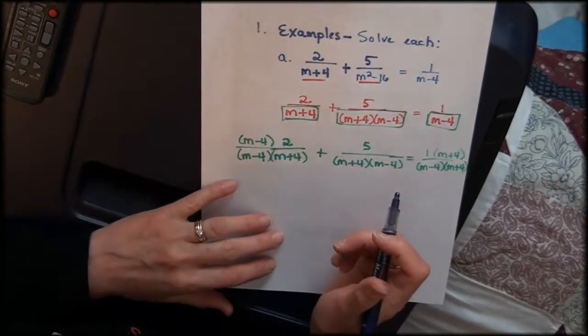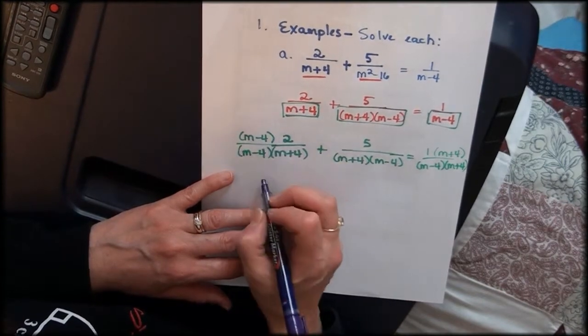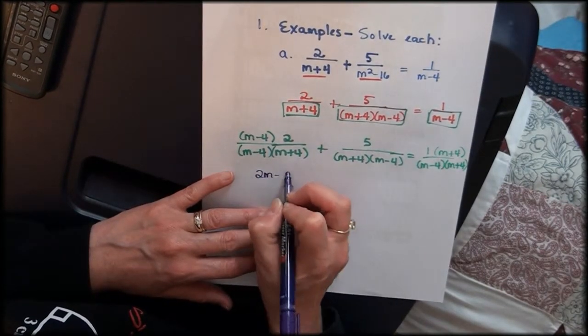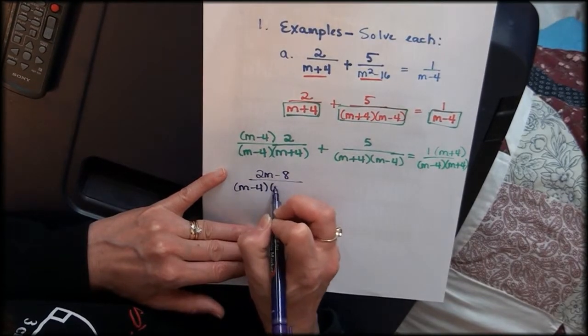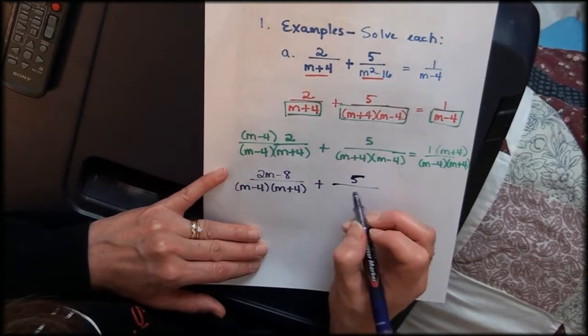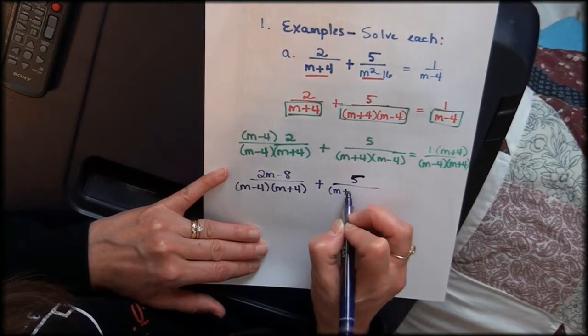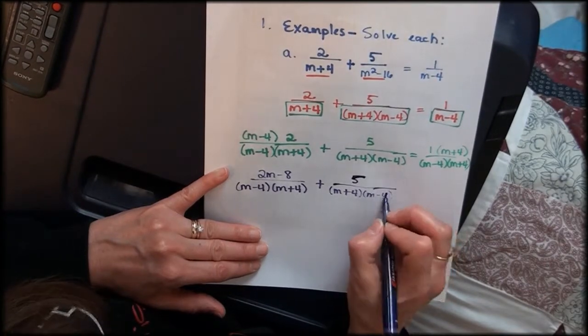So what I can do is I can multiply on these numerators, because remember that in order to add and subtract fractions, in order to add and subtract rational expressions, I need to have those numerators in a way that I can combine them up, and I can combine up all the like terms.